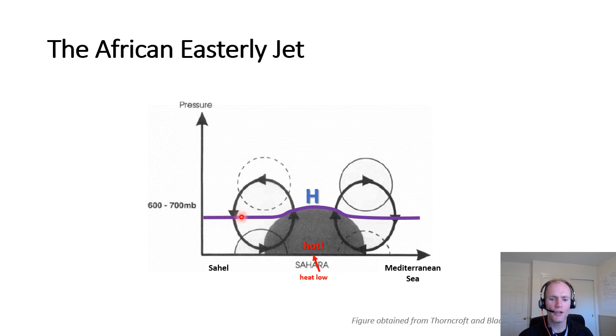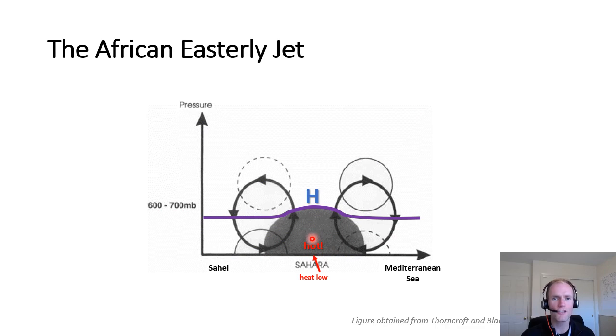And so I've drawn in what could be perhaps the 700 hectopascal isobar here, and it is elevated somewhat higher than what we would expect to see further to the south over the Sahel and further to the north of the Mediterranean Sea. So relatively high heights, high pressure here over the Sahara at about 600 to 700 hectopascals.